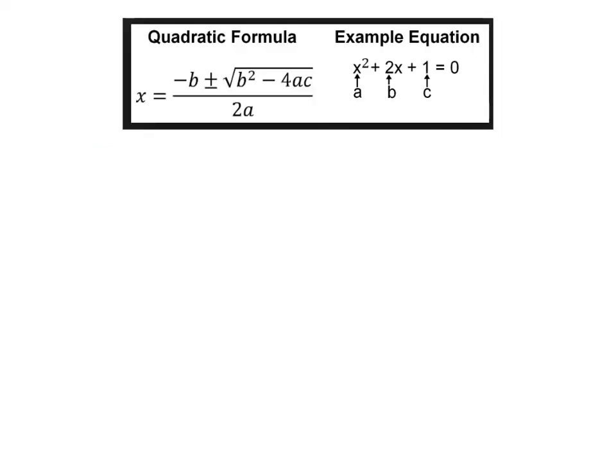Okay, so take for example this equation right here. Does this factor? We would try that first. We'd have our x, and we'd ask what are the factors of 1: 1 and 1, and those do add to 2, so it would be x plus 1 and x plus 1.